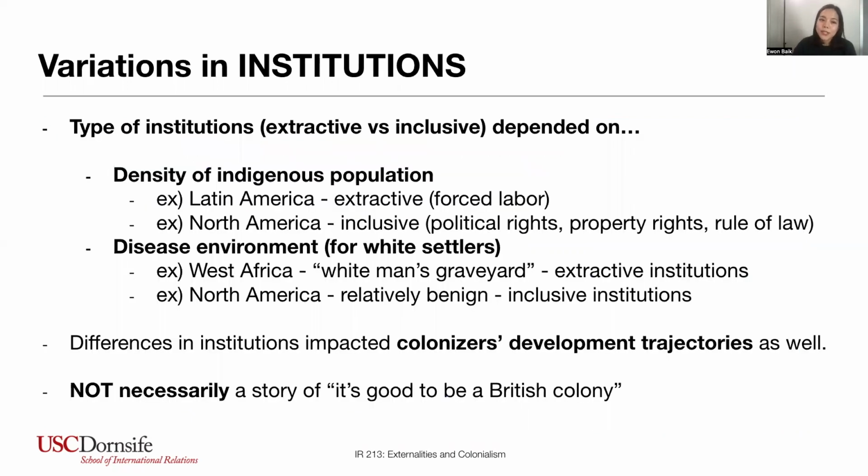So what did these authors say? Basically, they argue that the long-run consequences of colonial rule depended on the types of institutions that were set up in colonies. And according to these authors, there are mainly 2 types of institutions, right? There are extractive institutions, which are based on the control and extraction of rents from indigenous peoples, such as forced labor, right?